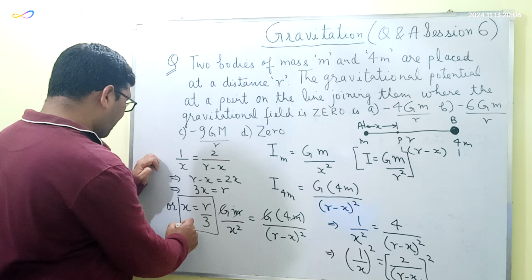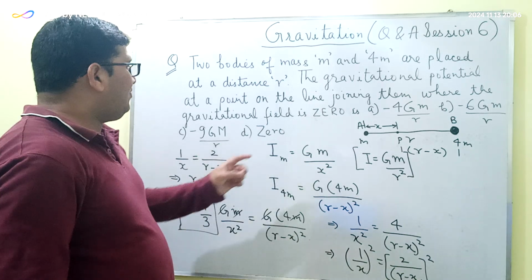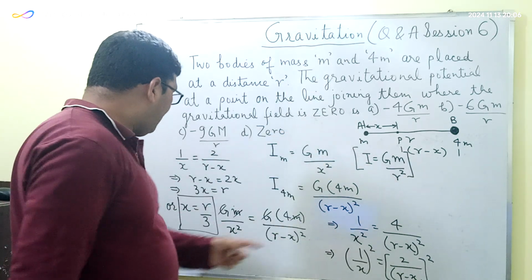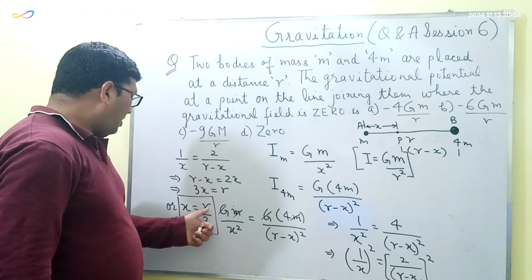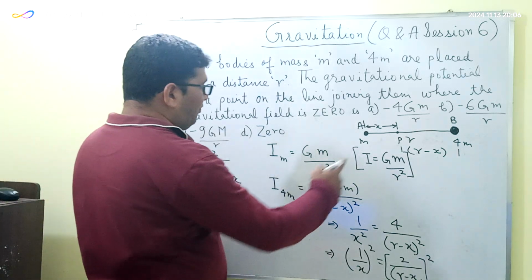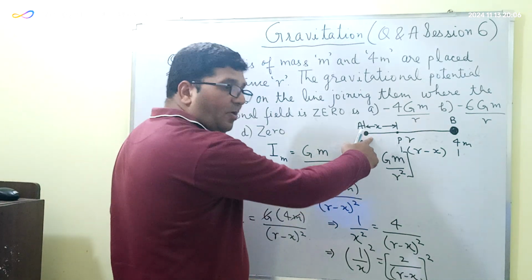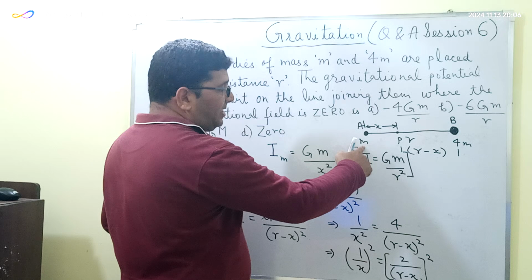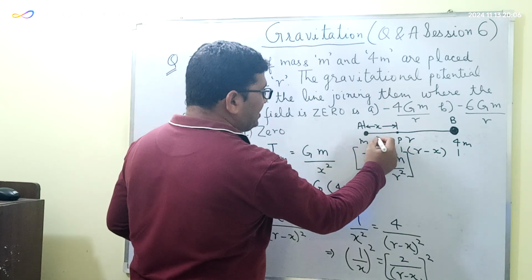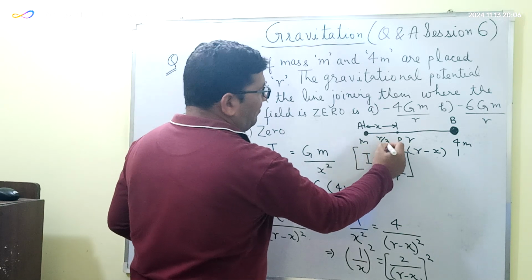That is, the gravitational field is zero at a distance r upon 3 from the body of mass m.